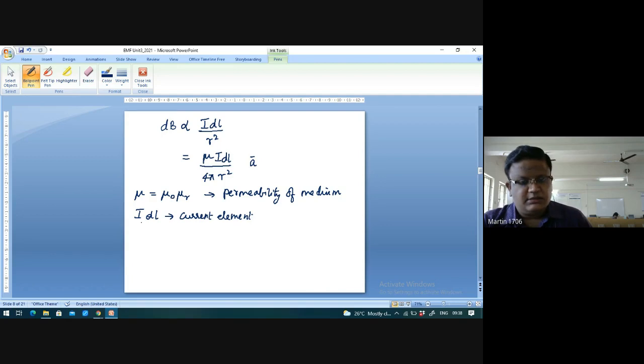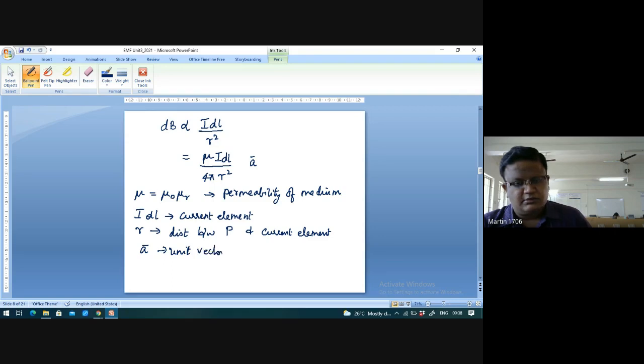R is the distance between the point P and the current element. A vector is the unit vector.